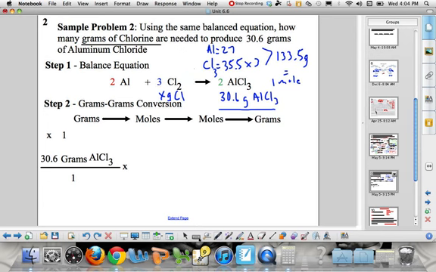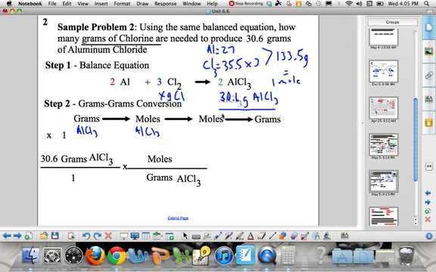So let's do this conversion. Let's start this problem out. I'm taking my grams of aluminum chloride, and I'm changing it to moles of aluminum chloride. So my grams of aluminum chloride have to go down to the bottom because I have them on the top in the previous step. So they're going to go down on my bottom. My moles of aluminum chloride, that's what I want to go to.